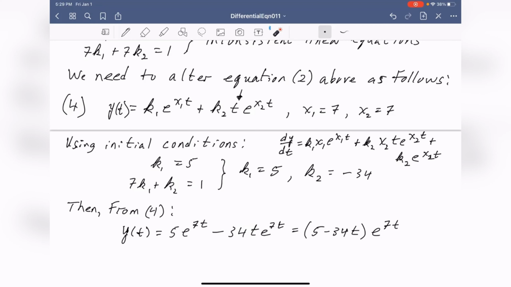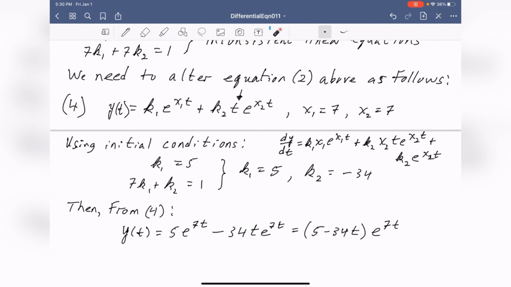In the second case, for dy/dt, the first term is k1 x1, which is 7k1. If t is 0, the middle term cancels, so we're left with k2, but in this case we don't have a 7 in front of it. We just have 7k1 plus k2 equals 1. Solving, we get k1 equals 5, which is obvious, and k2 is minus 34.